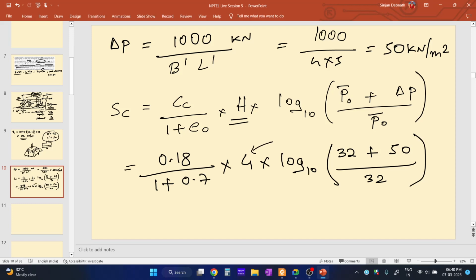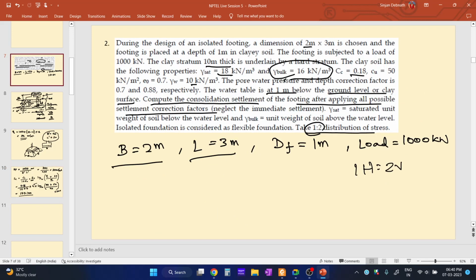This 4 is in meters, so you will get this answer in meters. And if you multiply this equation with 1000, you will get the answer in millimeters, which is 173.1 millimeter. This is the consolidation settlement.